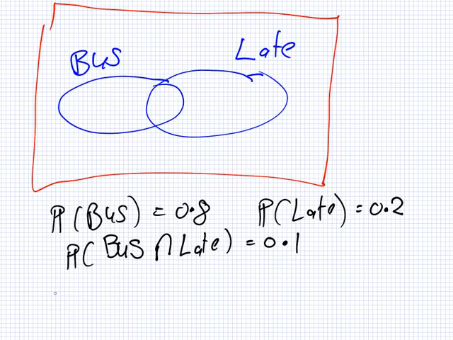And my question is, what is the probability that a student took the bus given that they were late? So here we have a student who is late, and you want to know what's the probability they took the bus. Yeah, we can calculate.